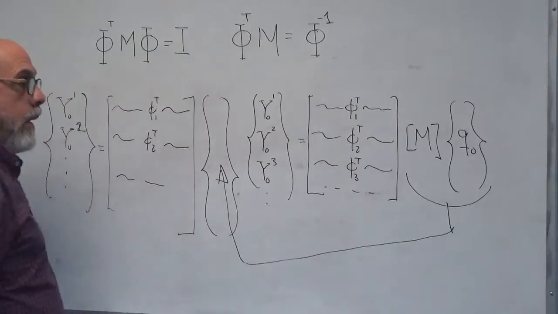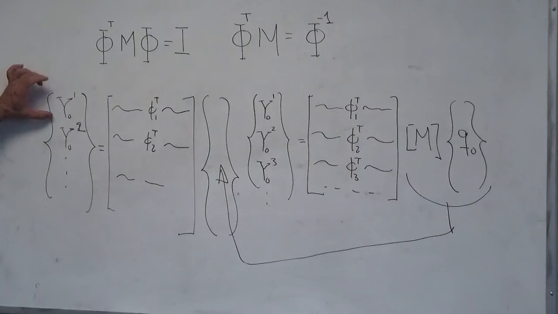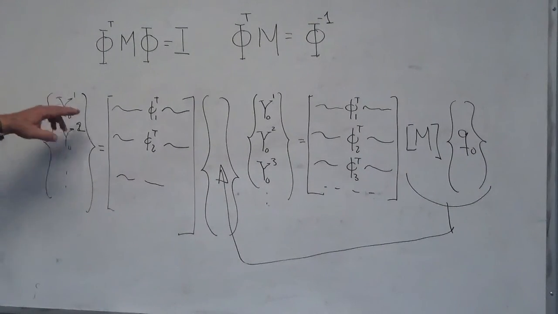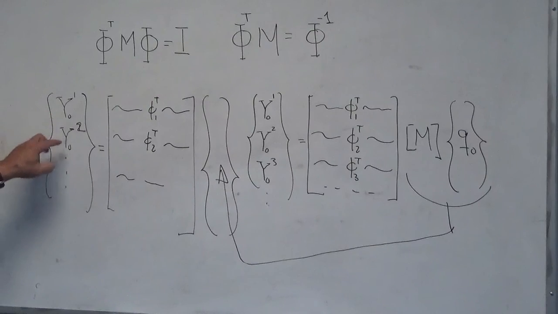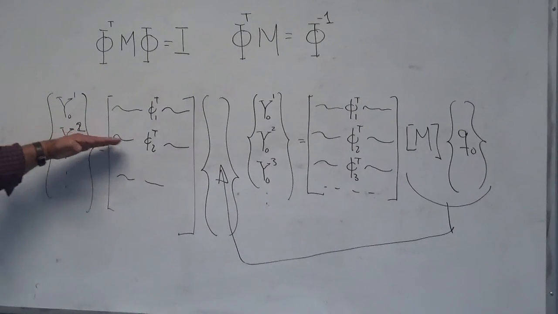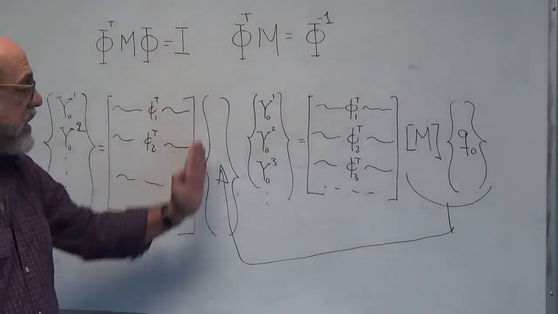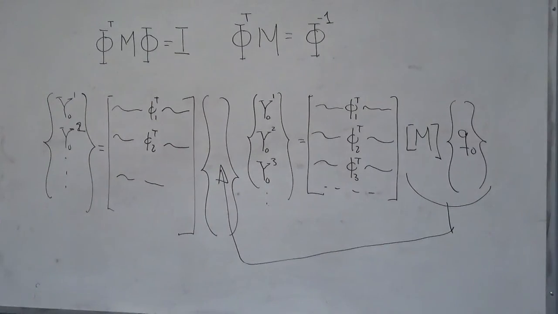So you can see that if I need to calculate y01, all I need to know is phi1, because phi1 transpose times this vector is y01. If I want two modes, I need y02, and that's phi2 transpose times this vector, and so on.